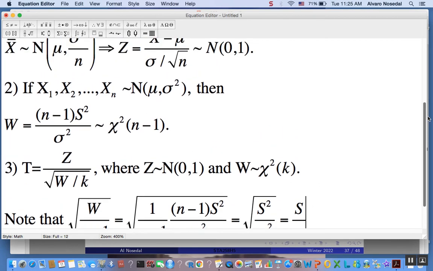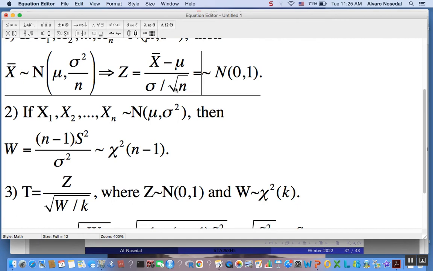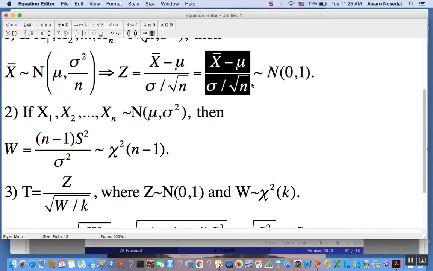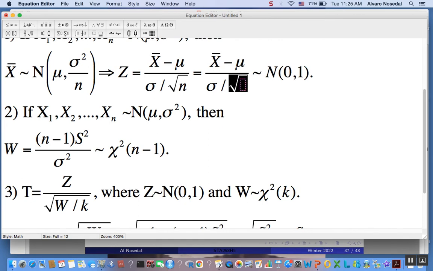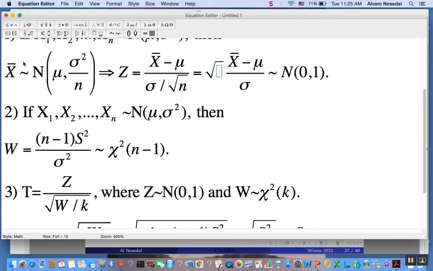Note something more. Let me rewrite this guy as follows, just to make the math simpler. Okay? So I'm going to just rewrite this like this. Let me multiply by the square root of n here.